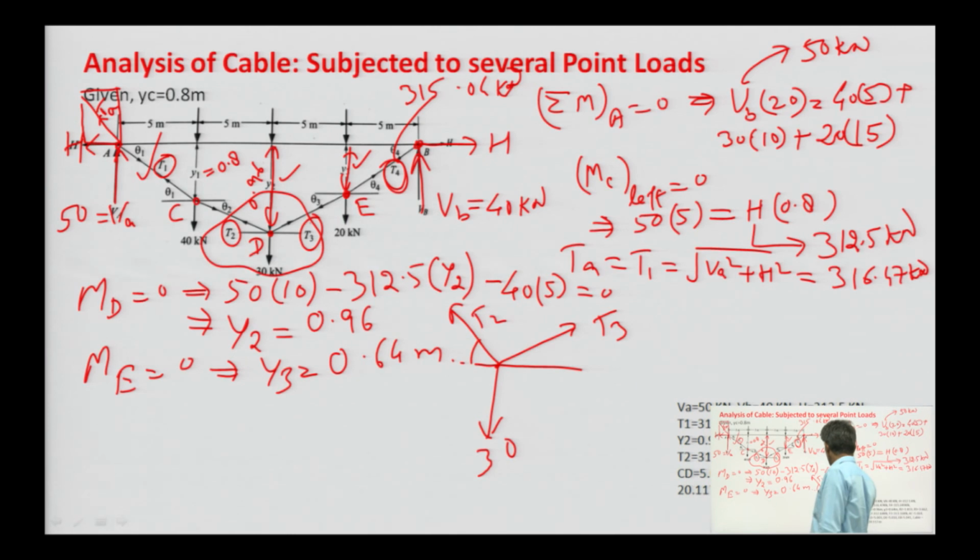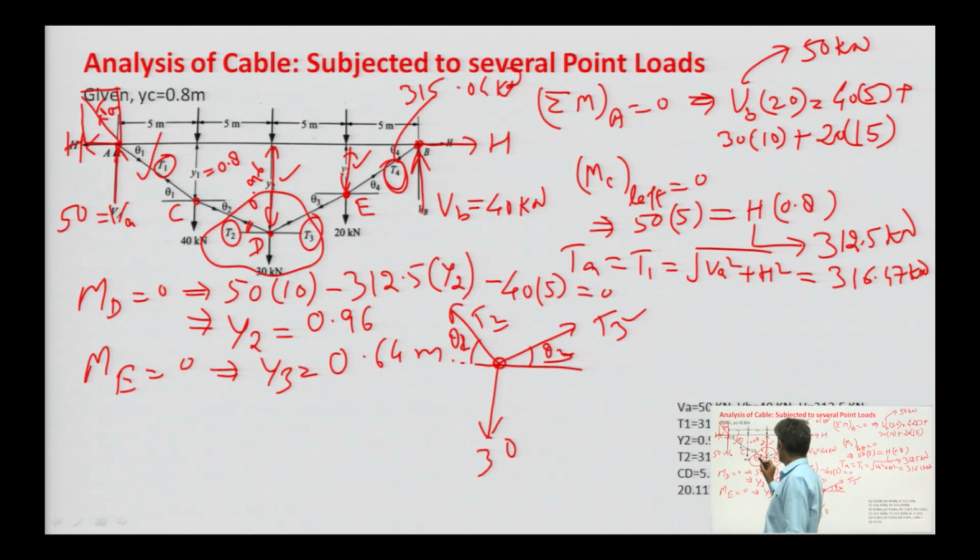If we know the values of the angles, theta 1, theta 2, and theta 3, then with the help of Lami's principle, we can determine the values of T2 and T3.